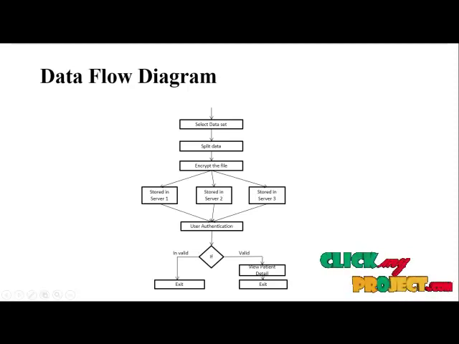If not, we exit from the system. After validation is successfully completed, we give the patient ID, then view the details of the patient, and then exit from the system.